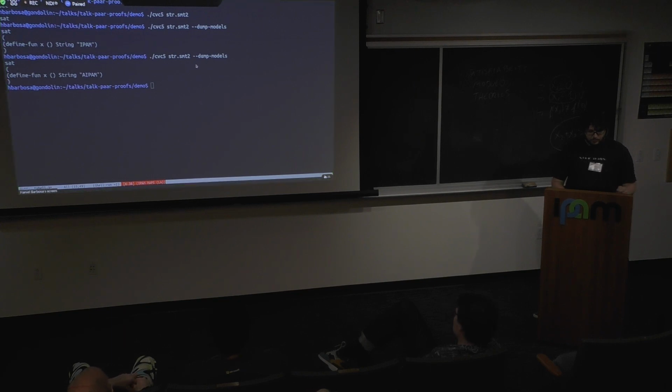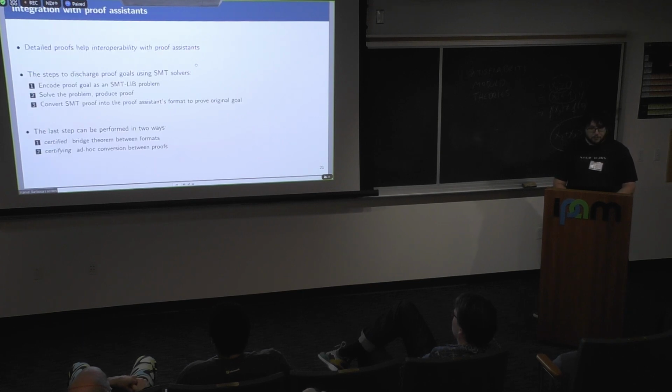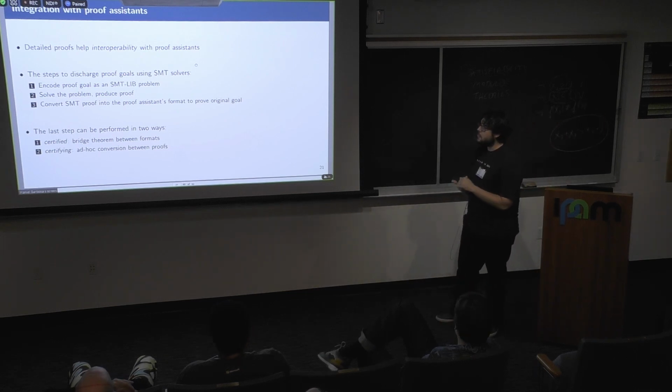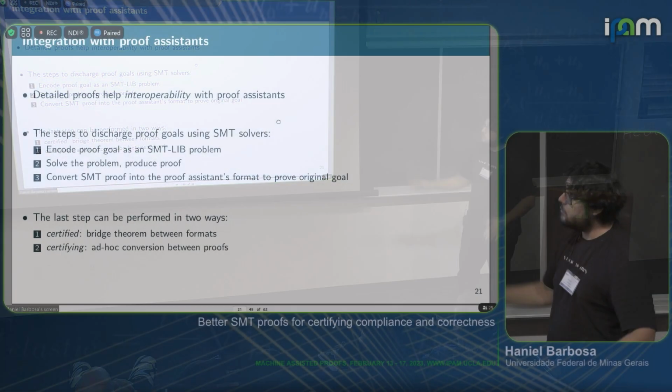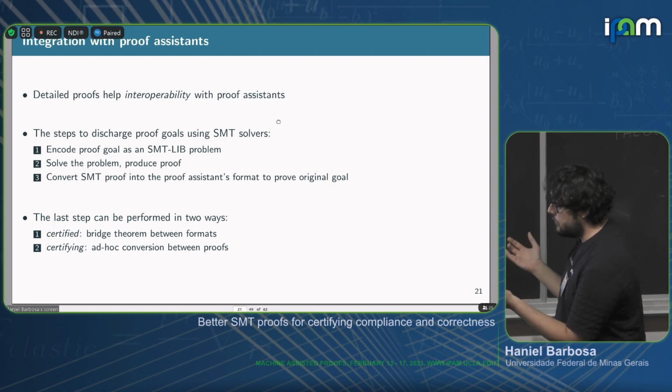Where are the slides? There you go. So, proof assistants. We have proofs, so we have a logical justification of what the solver has done. And we can use that to have interoperability between proof assistants and SMT solvers. How can we achieve that?